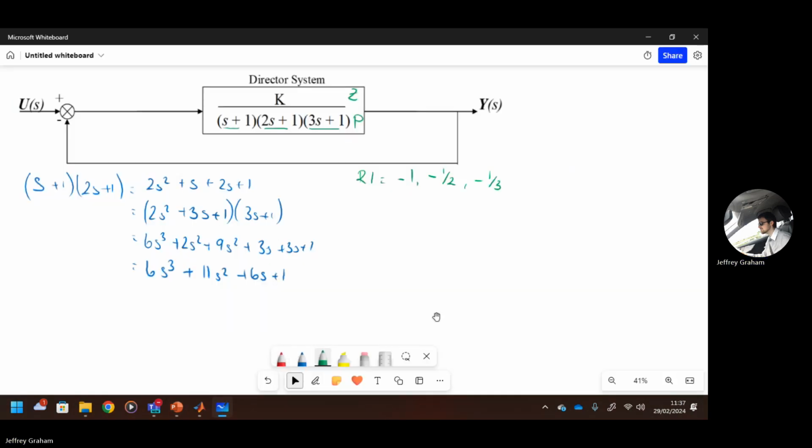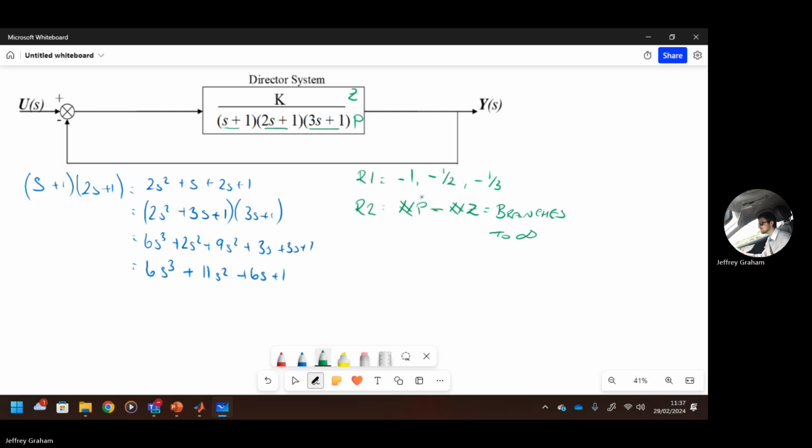Right. Rule number 2: number of poles minus number of zeros is equal to the number of branches that will just travel off through infinity and just keep on going and going and going.